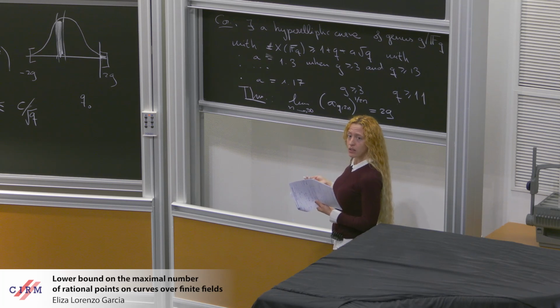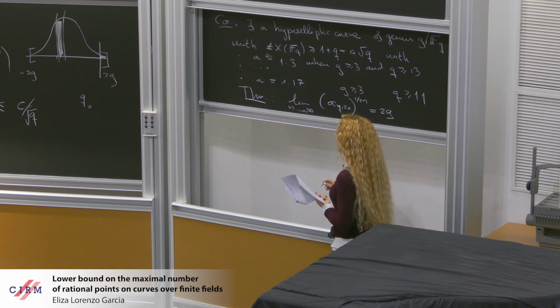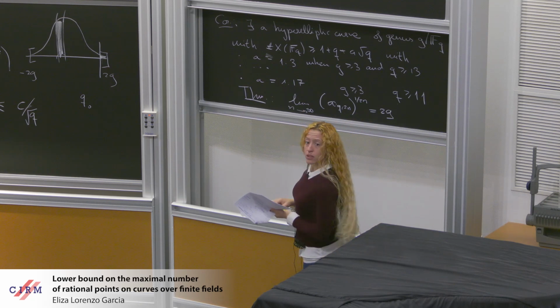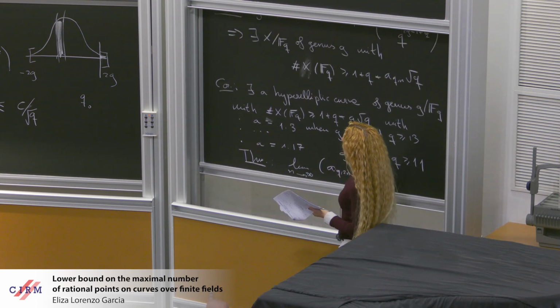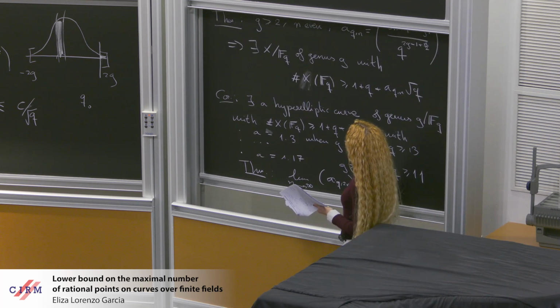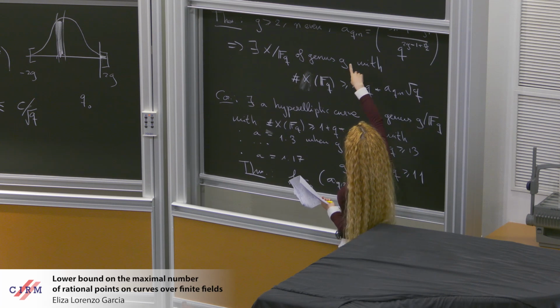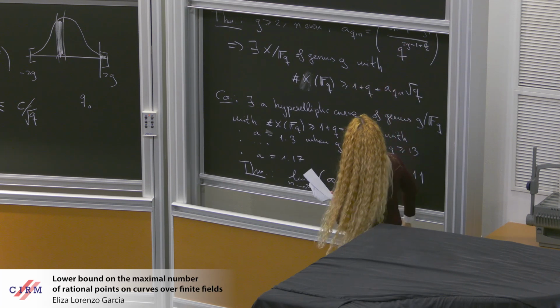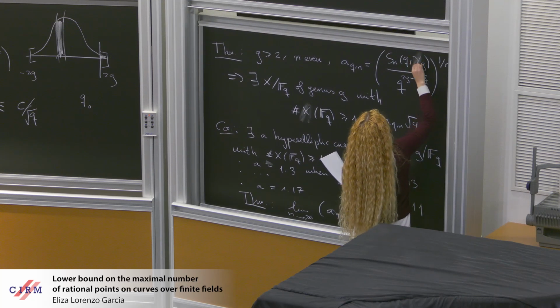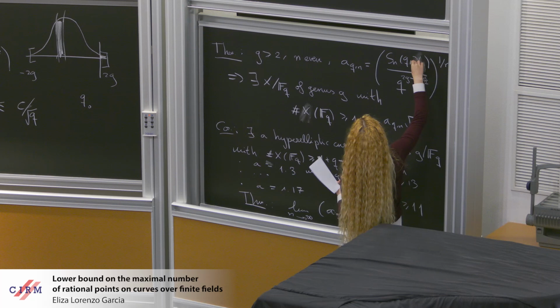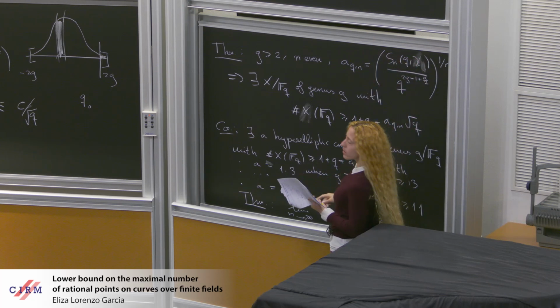So in the limit on n, we actually get again the best possible constant, that is 2g. This one is any curve, but for any curve we don't know how to compute this. So yes, we need hyperelliptic curves.